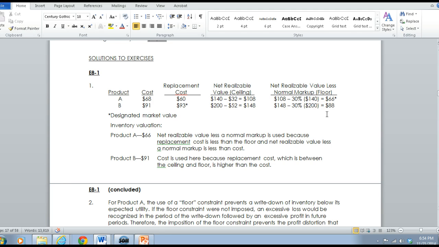So if you look at this, the ceiling's at 148, the floor's at 88. The replacement cost is right in between here, therefore we can keep our cost as 91. In our product A, our problem here is our replacement cost wasn't in between our ceiling and our floor. That's what made us have to take the floor then. Okay.